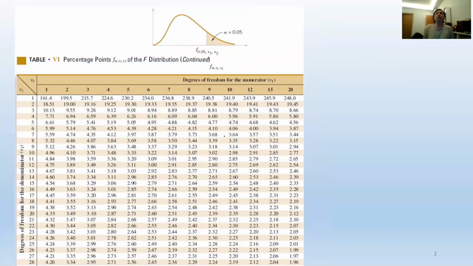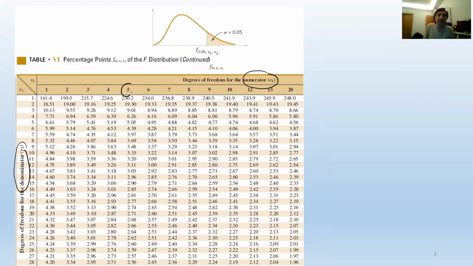Okay, this is one of those F distribution tables. Note that since the F distribution has 2 degrees of freedom, 1 in the numerator and 1 in the denominator, the F distribution tables will be a little bit more complicated. It takes more pages, let me say, to give a more true covering of F distribution values.